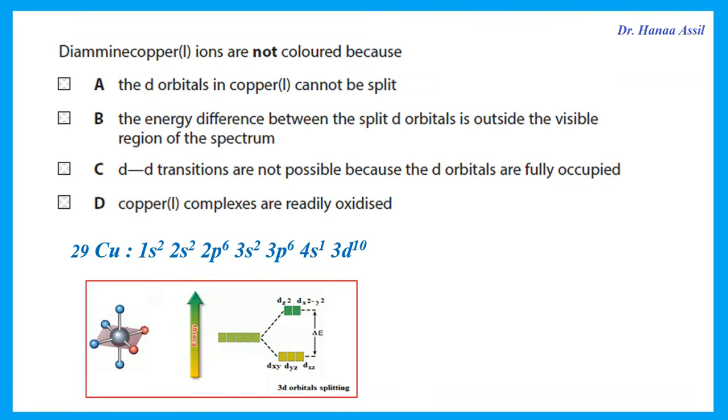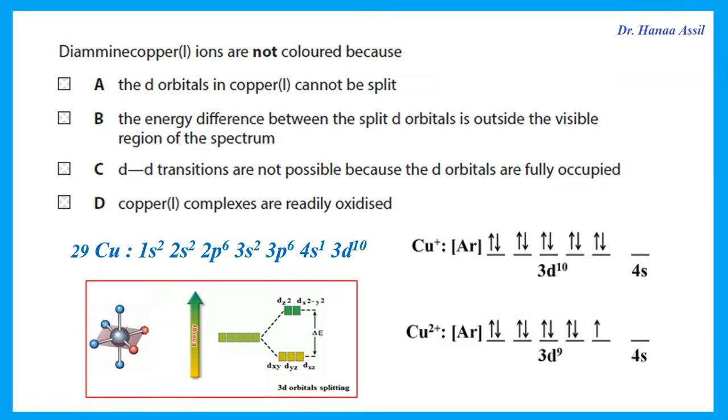Because the copper alone is 4s1 3d10. Now, if I form copper plus 1, I removed the 1 electron from the 4s, so the 3d is filled. And we said if the 3d is filled, this transition from lower d orbitals to higher d orbitals does not happen.